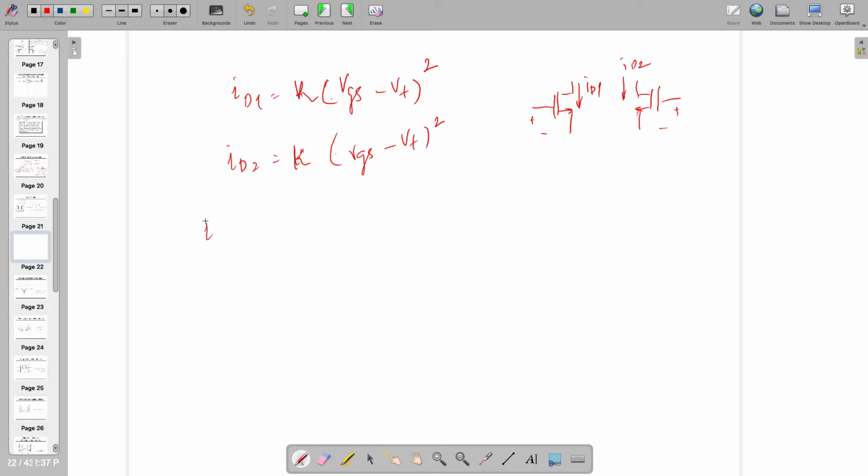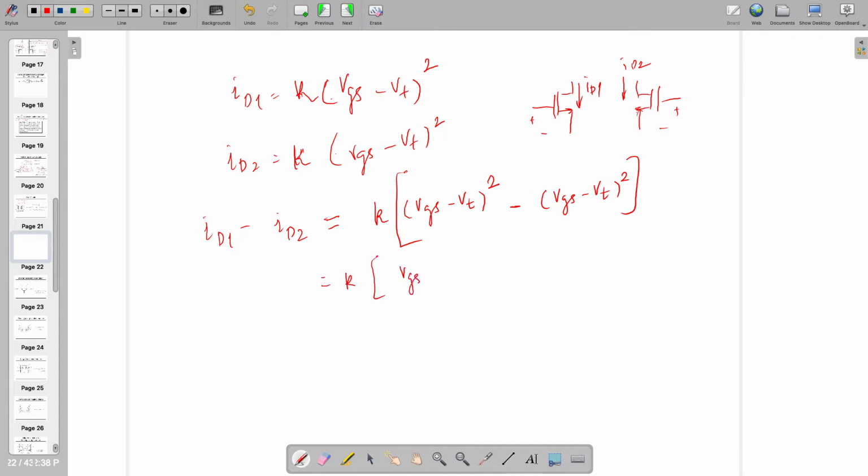Now I'm interested in finding ID1 minus ID2. So ID1 minus ID2 will be K times [(VGS minus VT) squared minus (VGS minus VT) squared], right? So it will give me VGS squared minus 2 VGS VT plus VT squared minus VGS squared plus 2 VGS times VT minus VT squared, right?